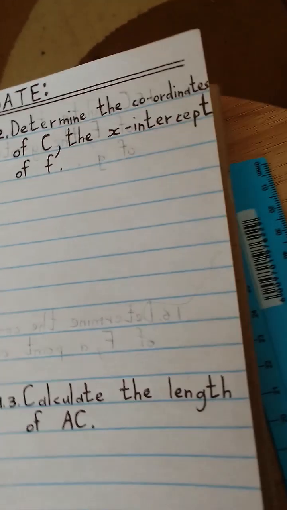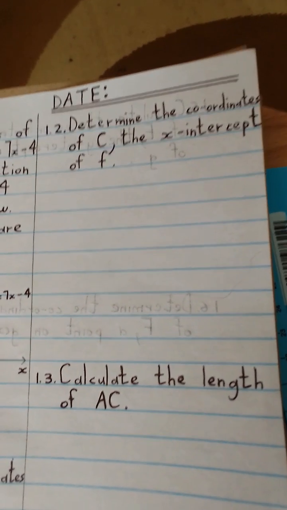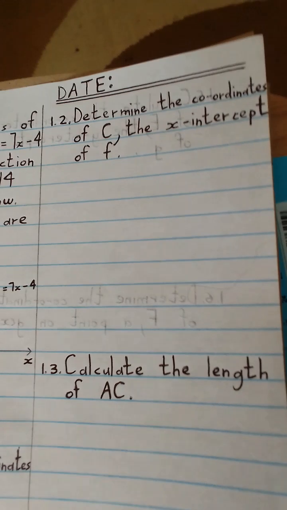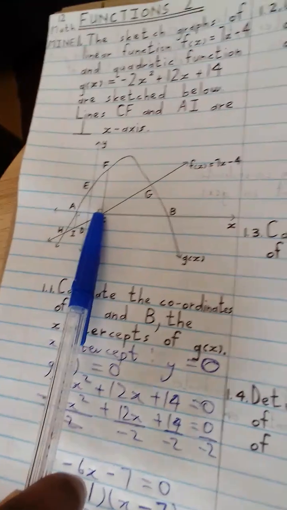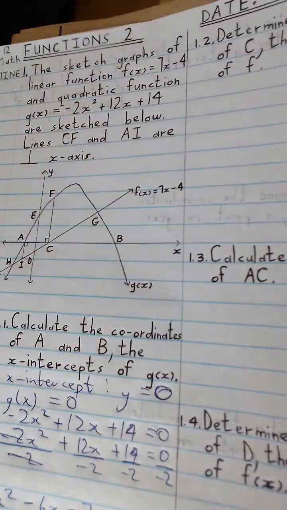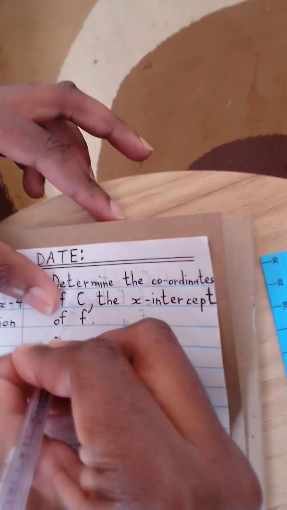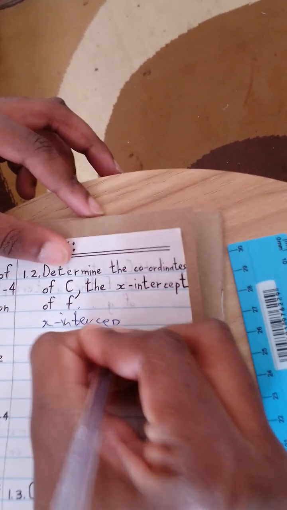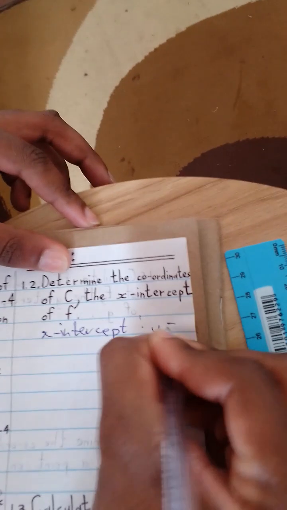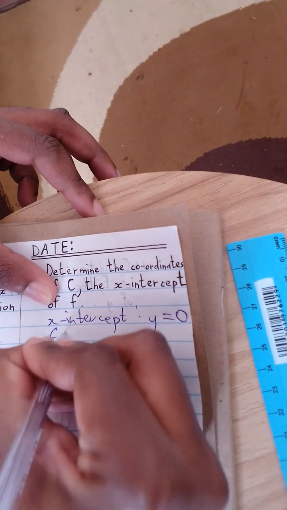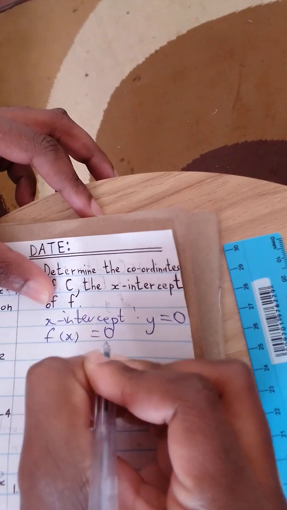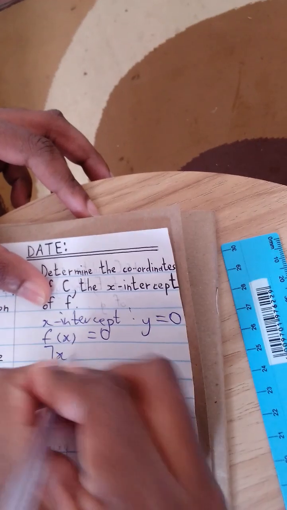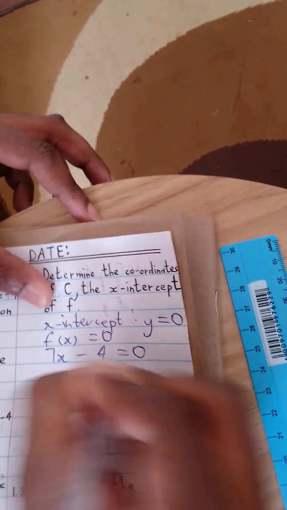Then 1.2 states, determine the coordinates of C, the x-intercept of f. So here's C, and it is the x-intercept of f, the linear function. So as usual, x-intercept, y is 0. So f of x is 0. What is f of x? 7x minus 4 is 0.